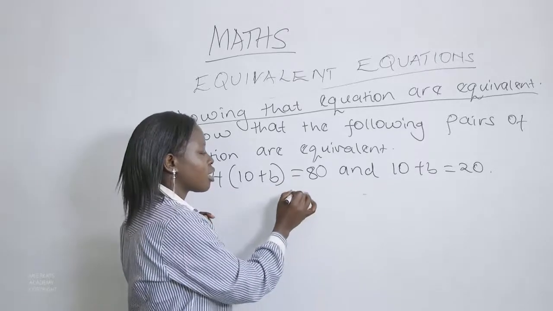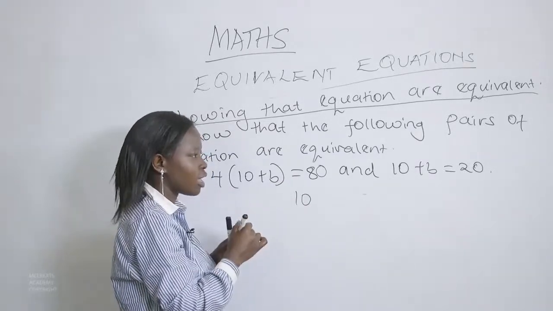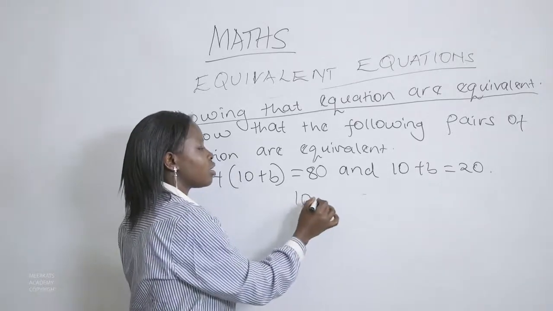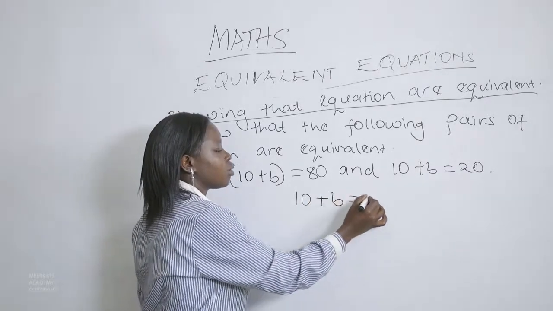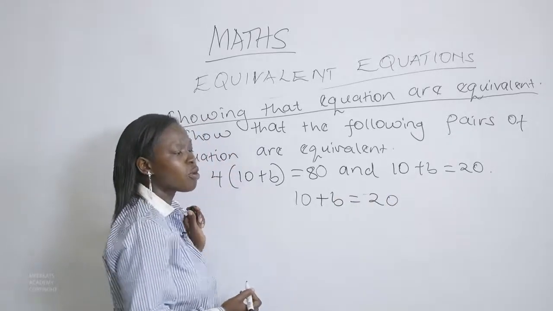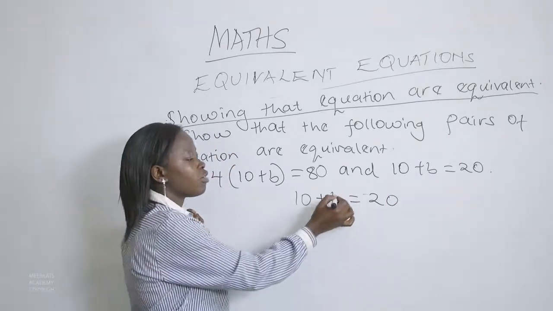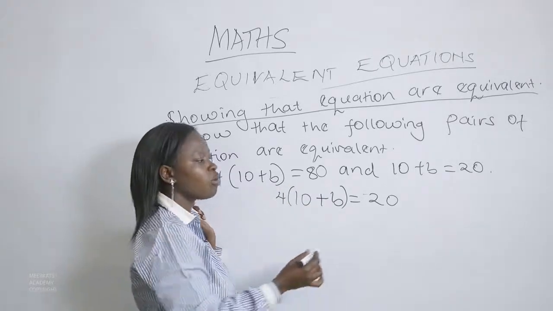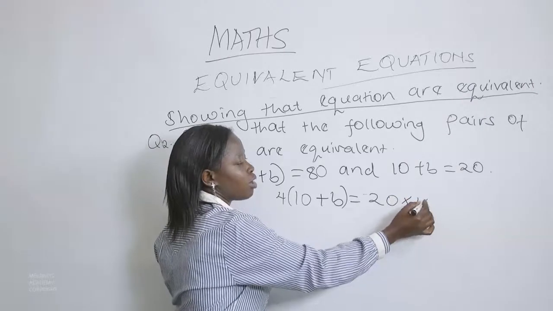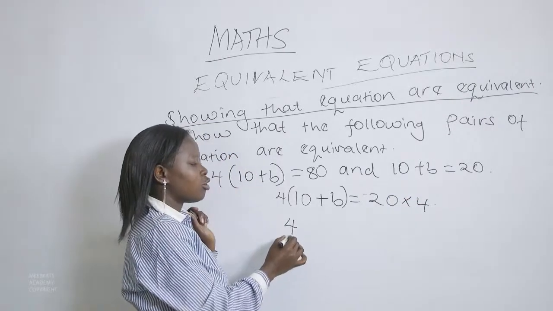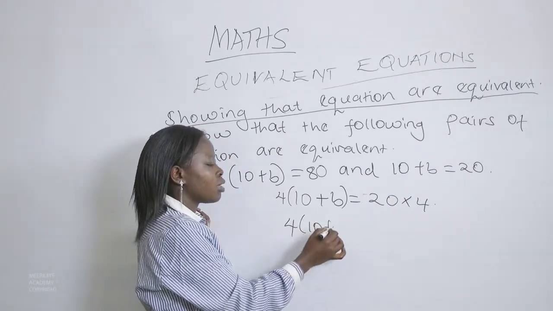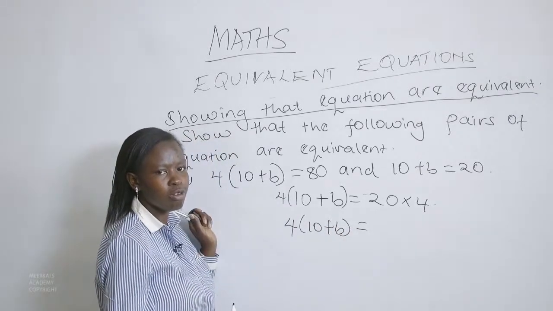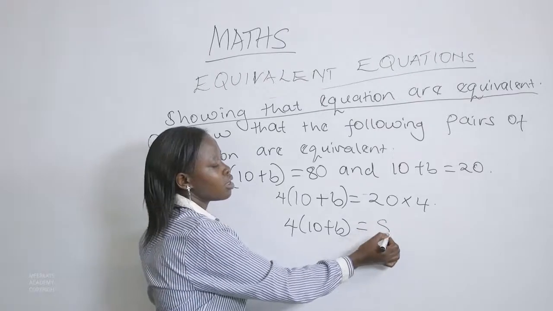So I'm having my second equation, that is 10 plus b is equal to 20. If we multiply both sides by 4, so that I have on the left hand side times 4, on the right hand side times 4, we will get 4 into 10 plus b is equal to 20 times 4 gives us 80.